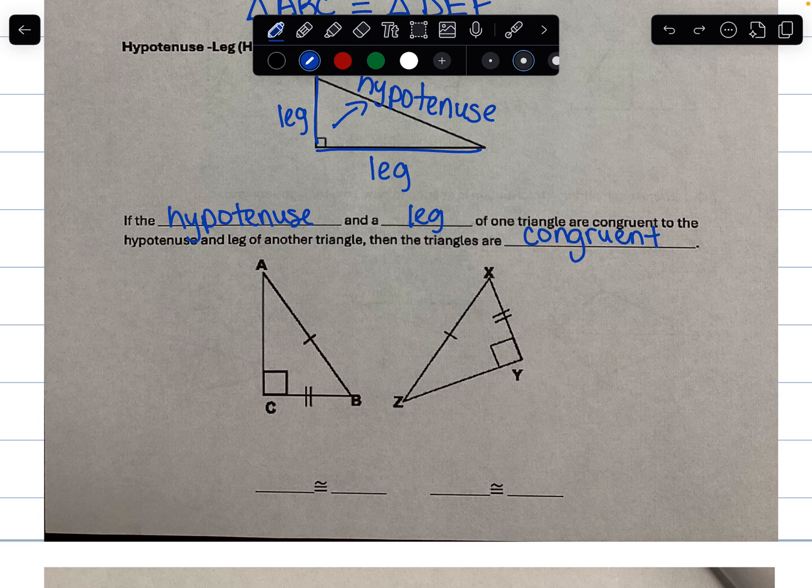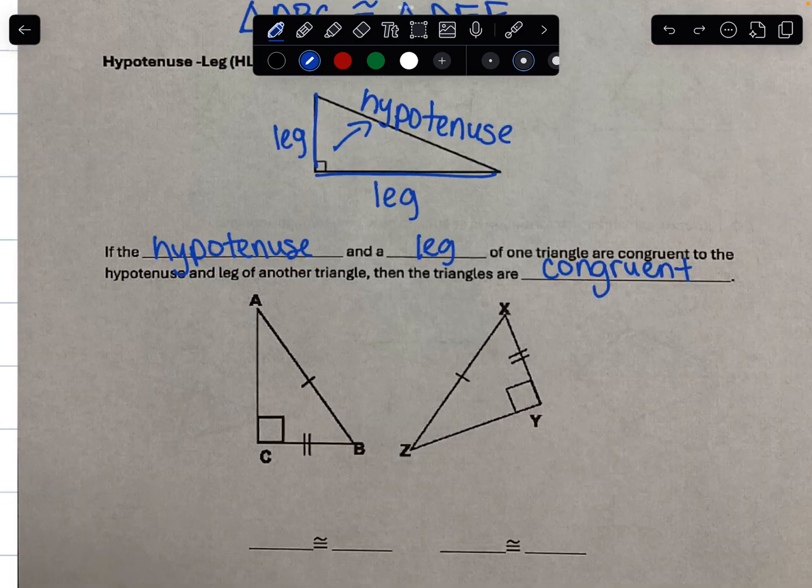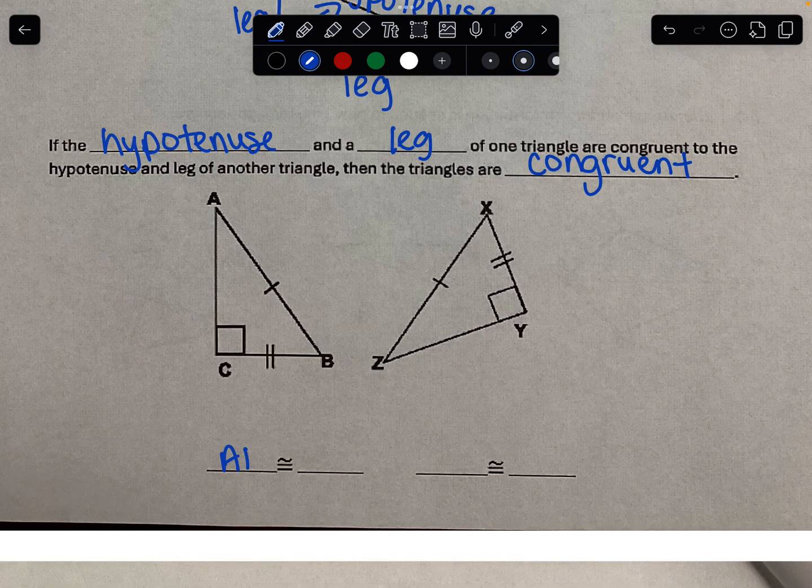Okay, so somebody tell me, what sides do we know are congruent on these two triangles? AB and ZX. Good. AB is congruent to ZX. Somebody else tell me the other one. YX.